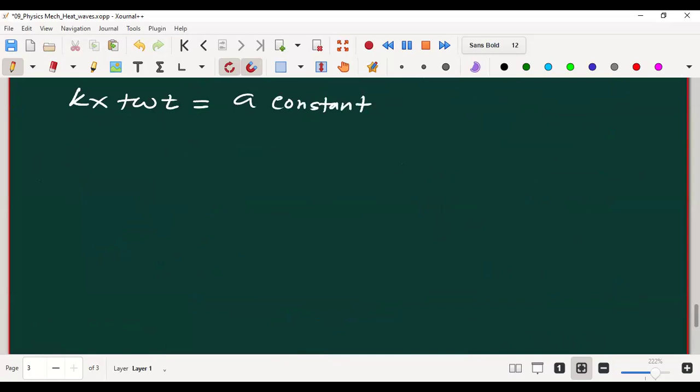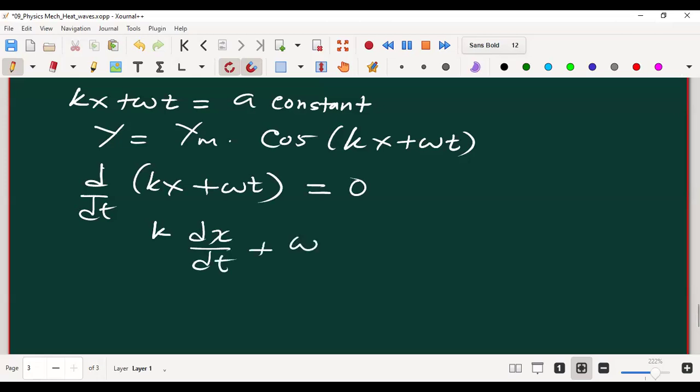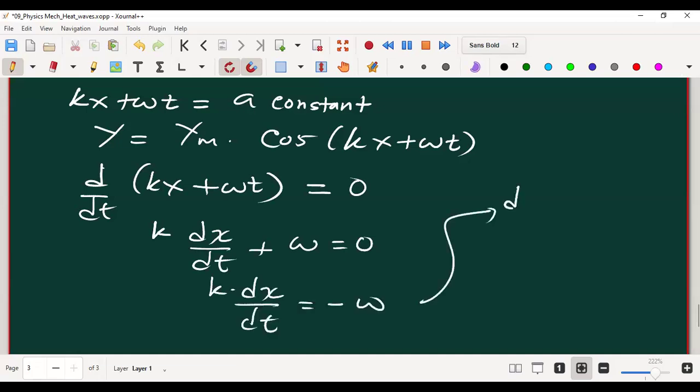So if you have y equal to ym cos, for example, (kx plus omega t), the derivative of kx plus omega t is equal to 0 because it is a constant. So this one is k dx/dt plus omega equal to 0, and then k dx/dt is equal to minus omega. So v is equal to minus omega per k.